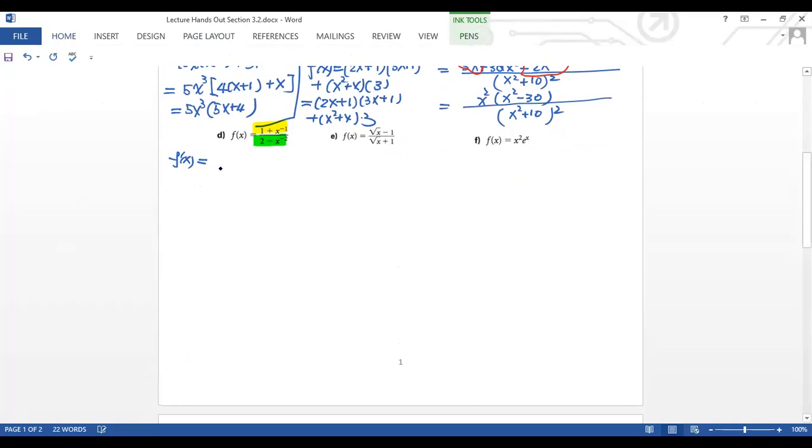Okay, f prime x, so what do we need to do? Square the bottom, right? So (2 minus x to the negative 2) squared. Now you take the derivative of the top. So 1 is a constant, so this is negative 1 times x to the negative 1 minus 1. So it's negative 2 times (2 minus x to the negative 2).